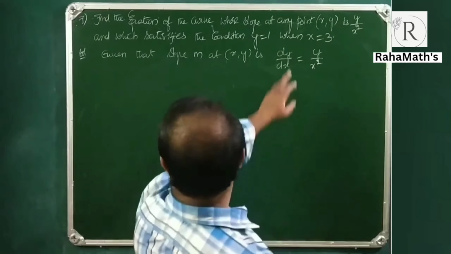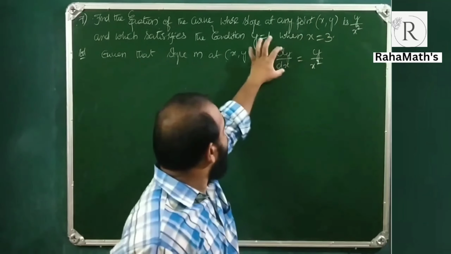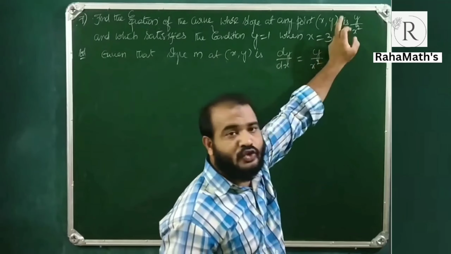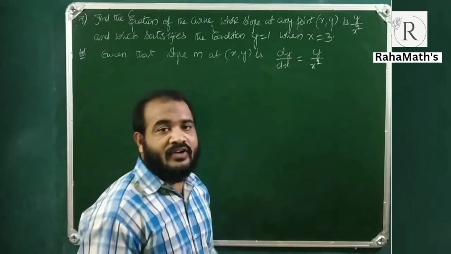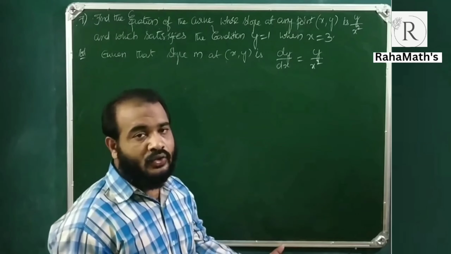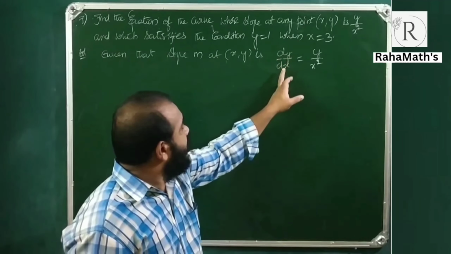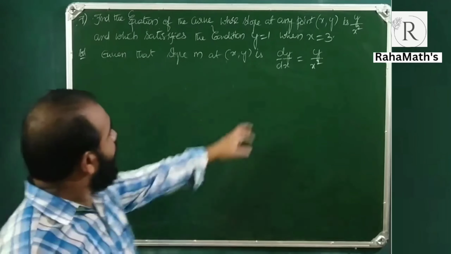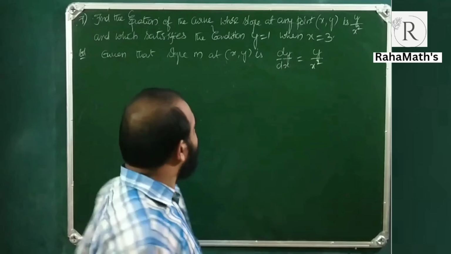So this is the slope at the point x1 y1. x1 y1 is x comma y. Therefore this is the slope. And slope is represented by the letter dy by dx. So difference of y by difference of x. This is equals to, now we can separate the variables.